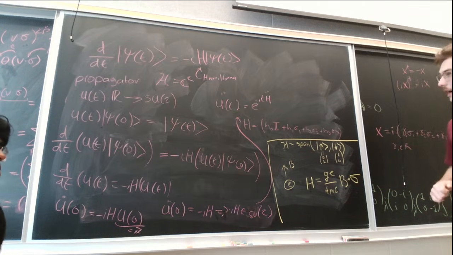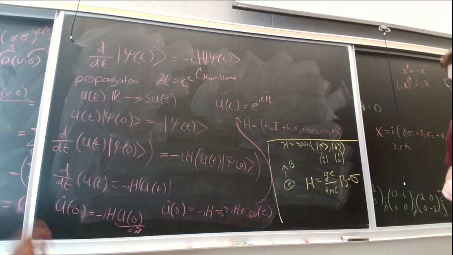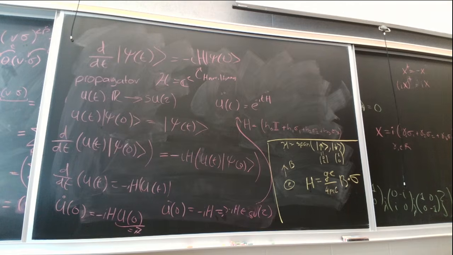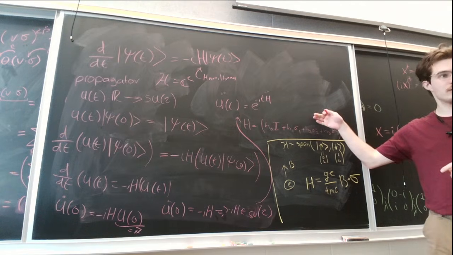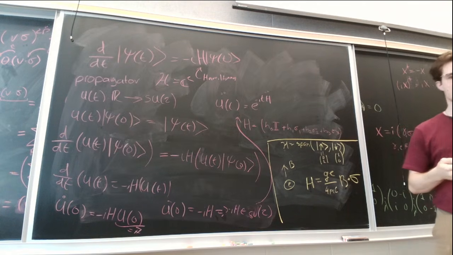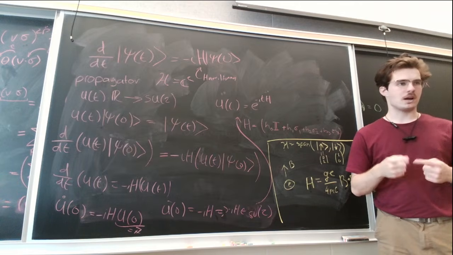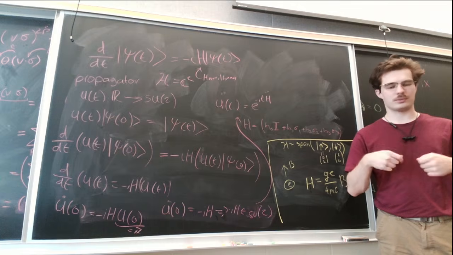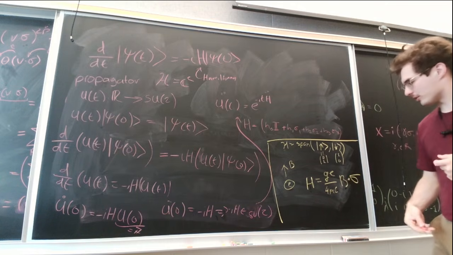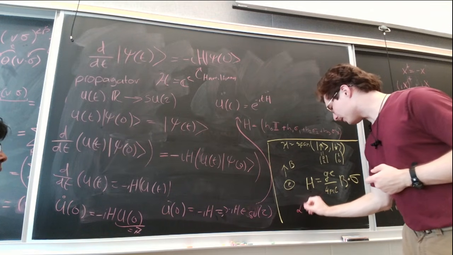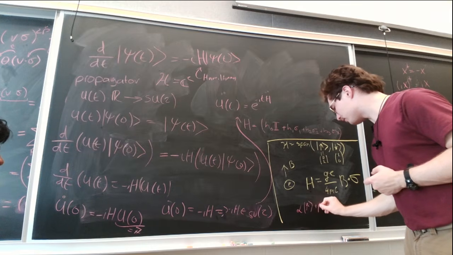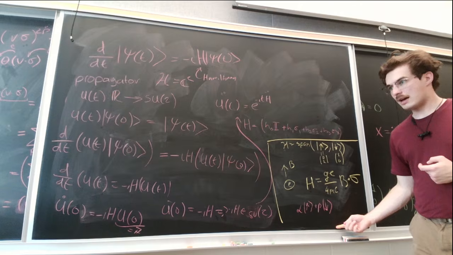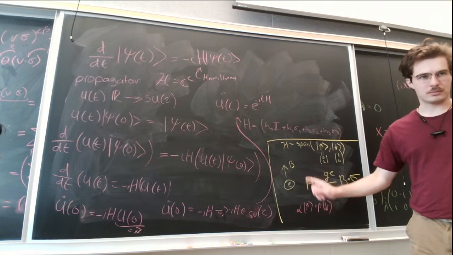Now there are two comments to make. Let's make the first one about exponentiation. Suppose I start with some arbitrary spin, some initial state alpha spin up plus beta spin down, where alpha squared plus beta squared is 1.